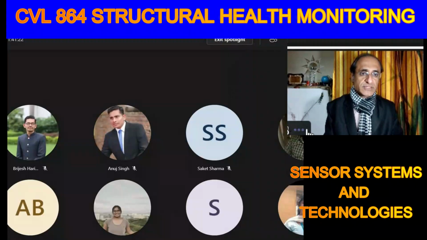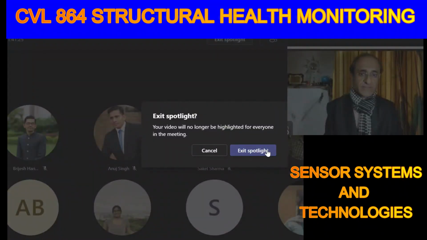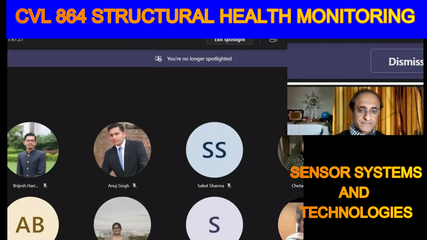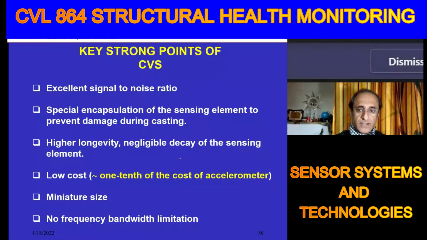Let me now exit the spotlight so that we focus on this slide. Because it's inside, it has higher longevity also. It has very low cost as compared to an accelerometer, miniature size, and there is no frequency limit.